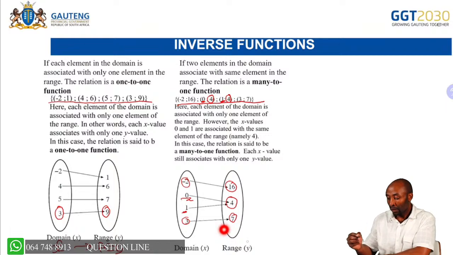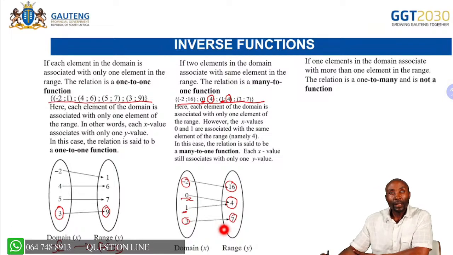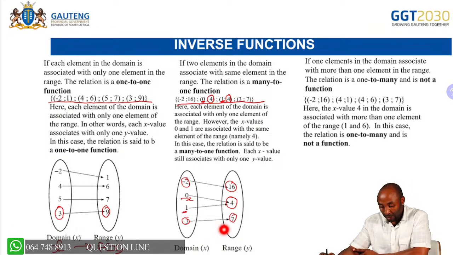Many-to-one. We move on to the next one. If we have an x value in the domain that associates with more than one y value, we are going to have a one-to-many.